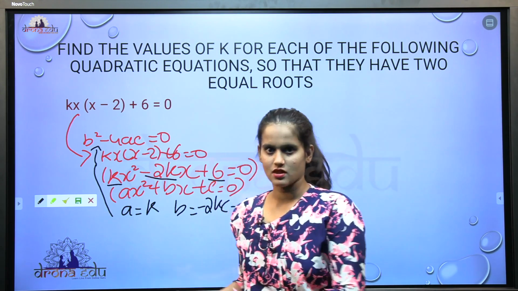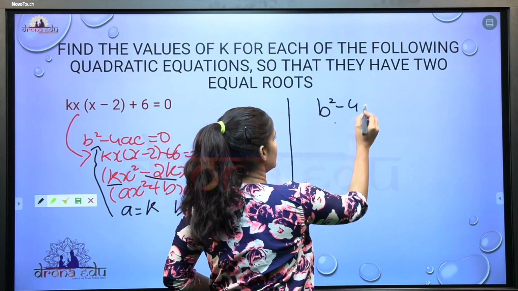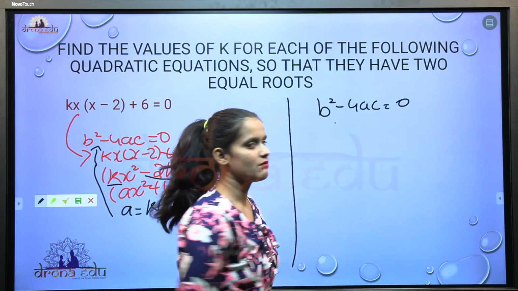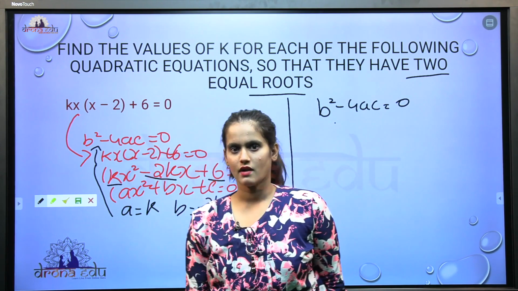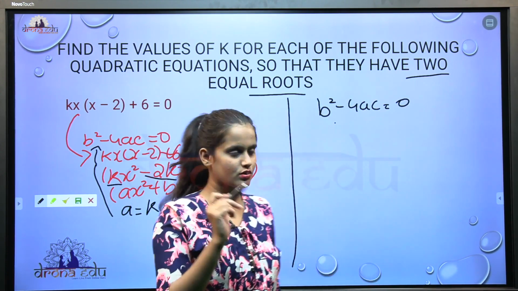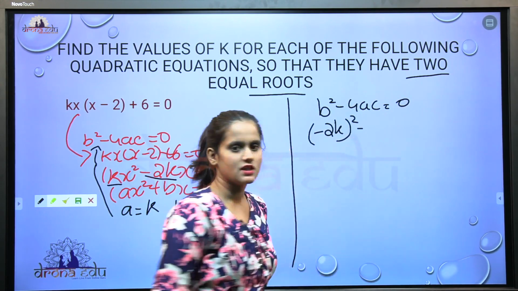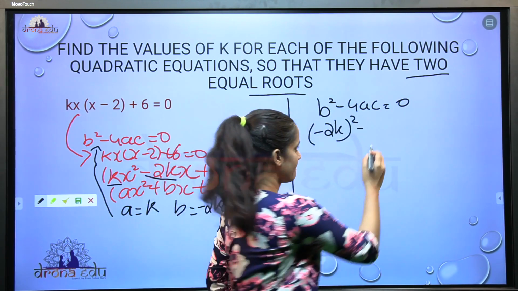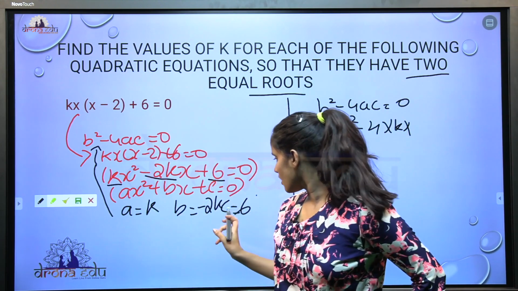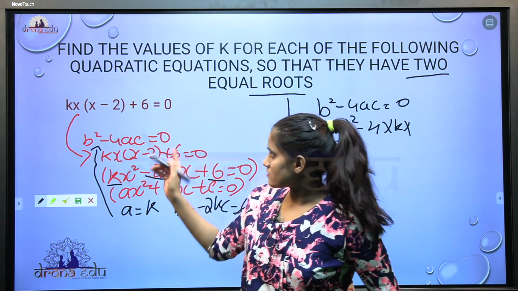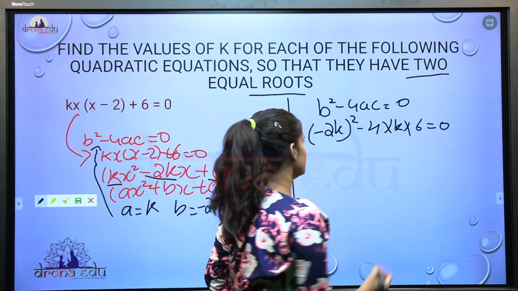Now let us apply this in the equation b square minus 4ac is equal to 0, because they have given the condition of two equal roots. b is minus 2k, so minus 2k whole square minus 4 into k into c, which is 6, is equal to 0.